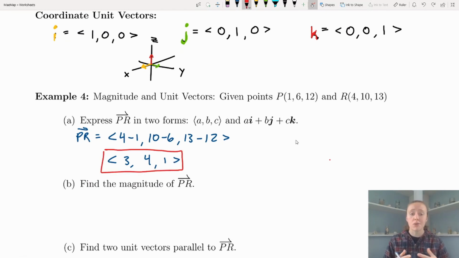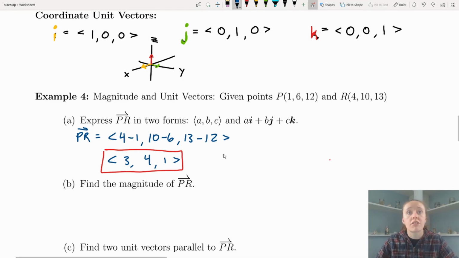Now writing this in the form of a times vector i plus b times vector j plus c times vector k. Remember, because these are coordinate unit vectors, i only has an x component, j only has a y component, and k only has that z, or third, component.